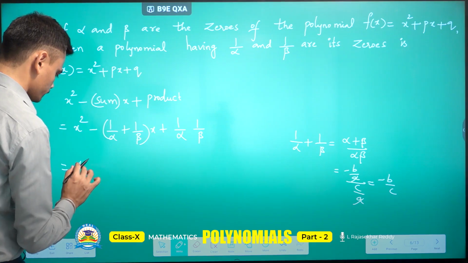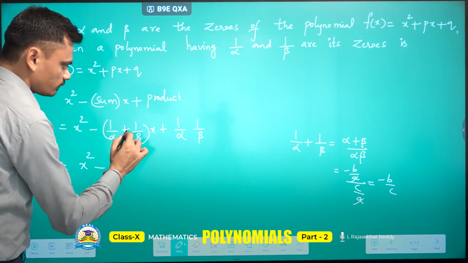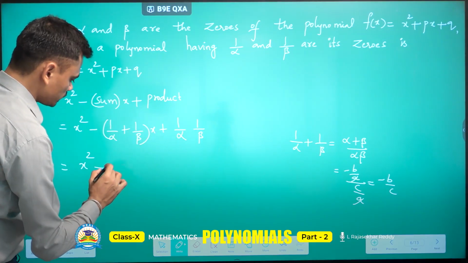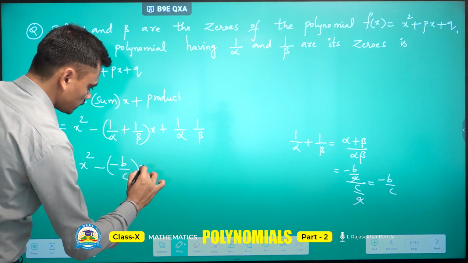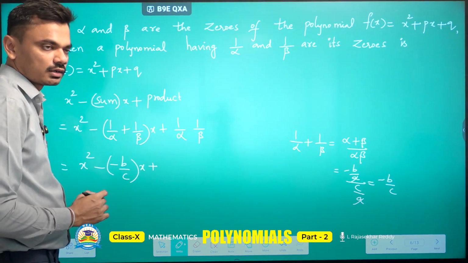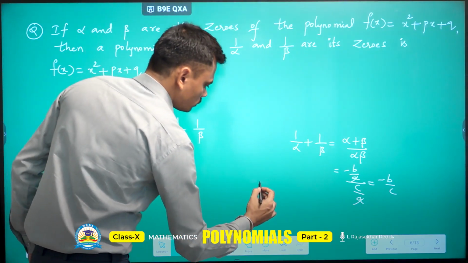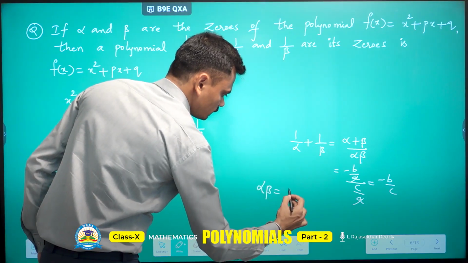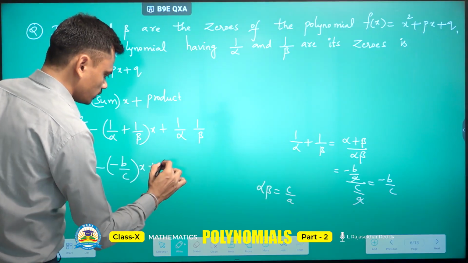So in place of 1 by alpha plus 1 by beta you can take minus b by c into x plus 1 by alpha into 1 by beta. So 1 by alpha into beta. We know alpha into beta is c by a. So 1 by alpha into beta is a by c.